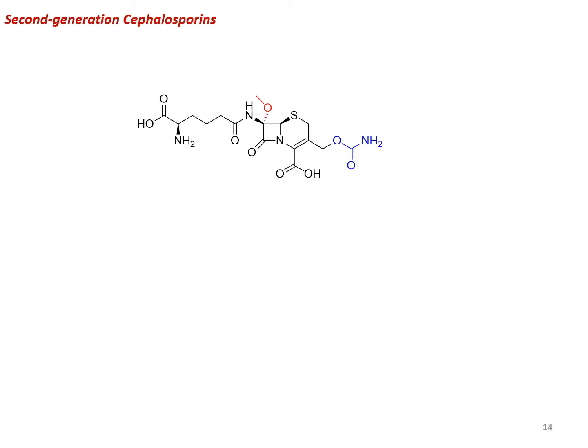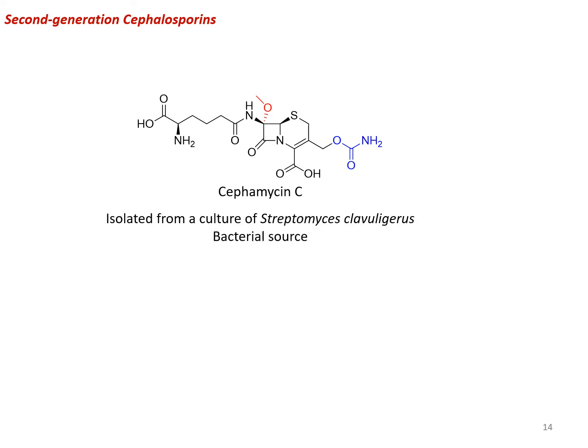Another natural cephalosporin is cephamycin C. This compound was isolated from a culture of Streptomyces clavuligerus, which is a bacteria, and this makes cephamycin C the first beta-lactam to be isolated from a bacterial source. The interesting structural feature in cephamycin C is the methoxy on carbon 7, and these cephalosporins are called cephamycins.